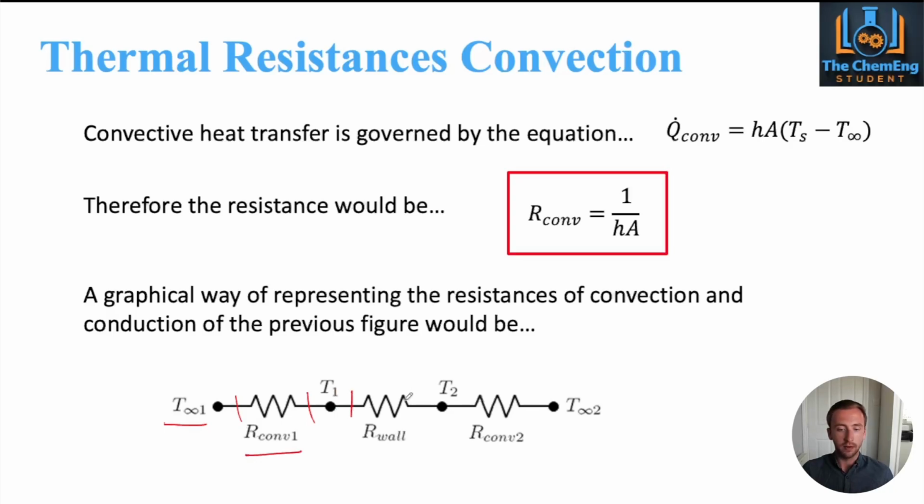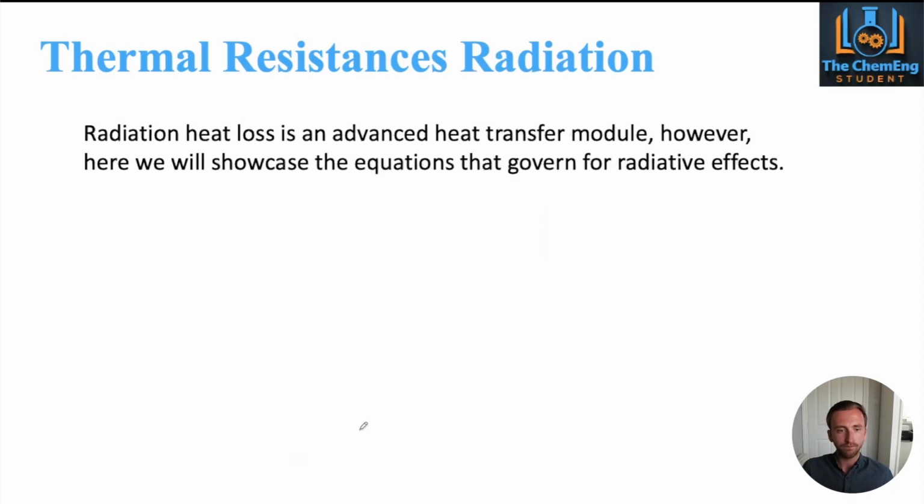Then we have the thermal resistance for conduction, that's our wall. Then we'll have the surface temperature of the plate, which is at T2. And then we'll have the convection resistance from the plate to the infinite temperature of the fluid on the right-hand side. So that's how you would read these types of graphical representations.